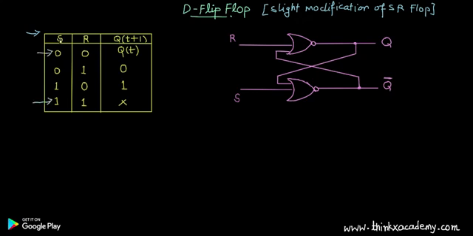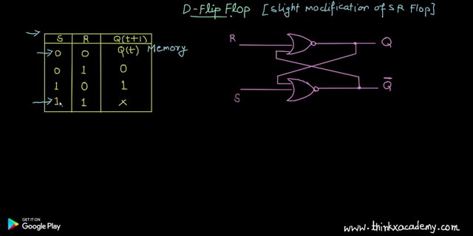When the value of S is equal to 0 and the value of R is equal to 0, or if S and R both have low voltage, the excitation state, or the next state after the clock transition, will be equal to the previous one. In that case, we call this memory because the flip-flop has maintained its previous state.